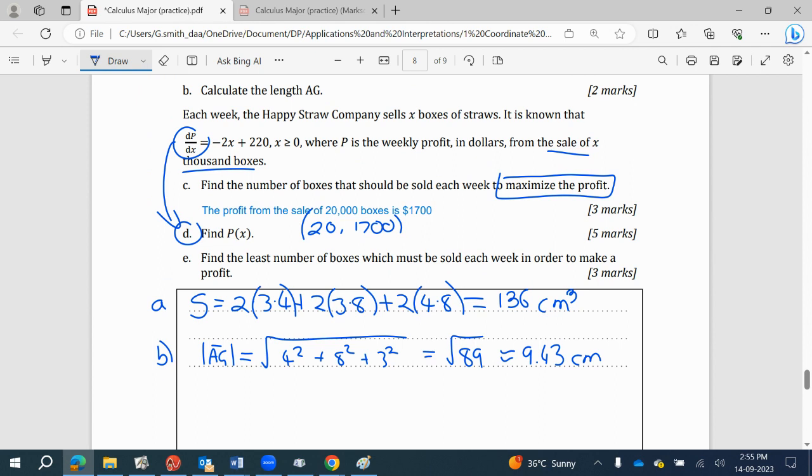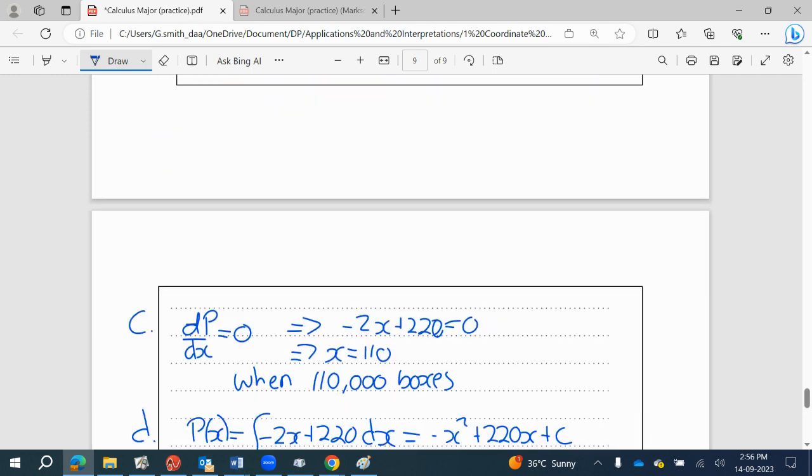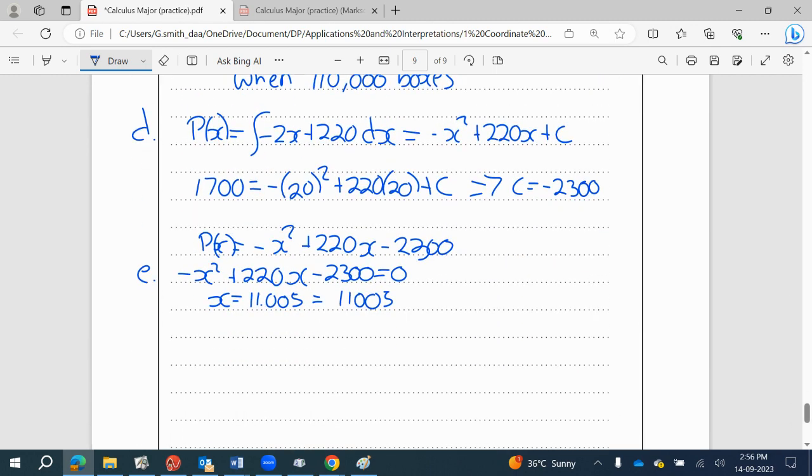Find the least value of boxes which must be sold each week in order to make a profit. We're selling boxes. Can you sell half a box? No. So the next value up from 11,005 is the answer, because the interpretation of the question is that this is an integer value we need from that function, so we have to have a whole box.